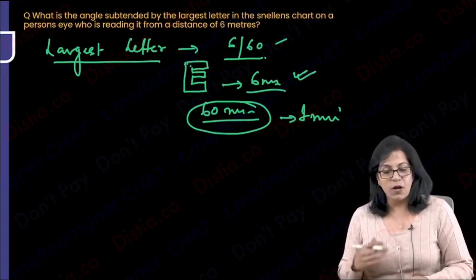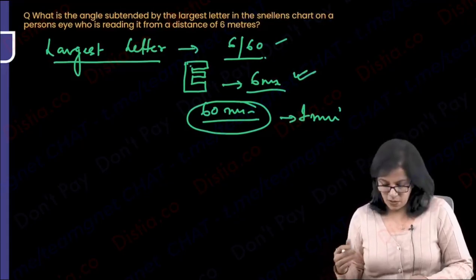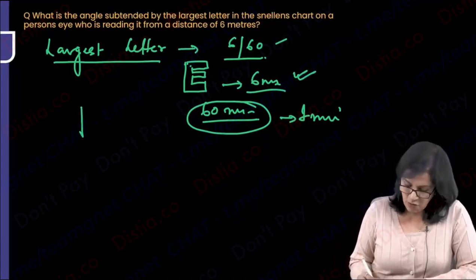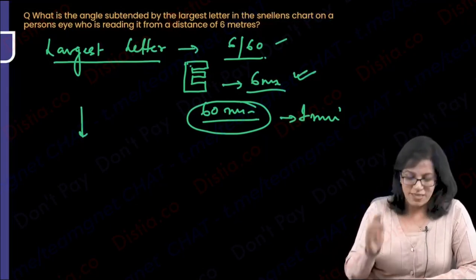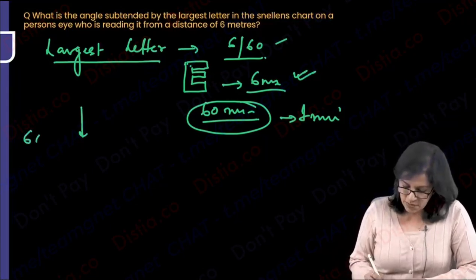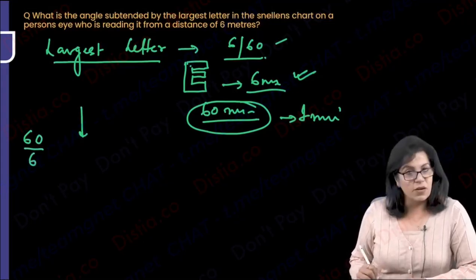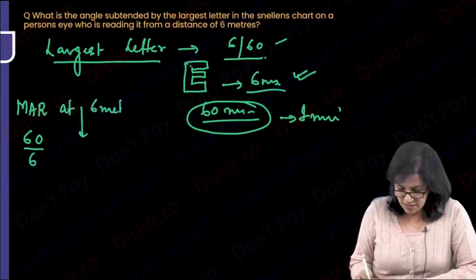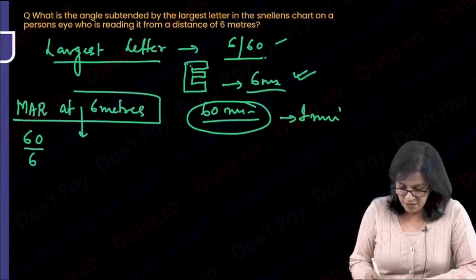So how do you generally do that? Very simple technique: whatever visual acuity they ask you, just reverse it. So this becomes 60 by 6. This is how to calculate the minimum angle of resolution at 6 meters for any Snellen's line.